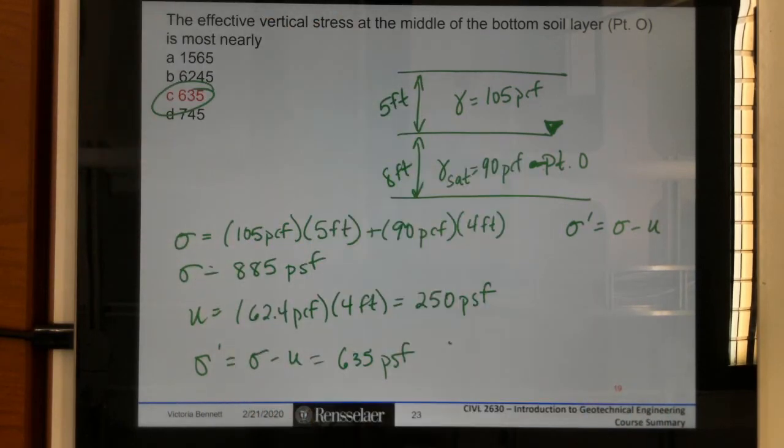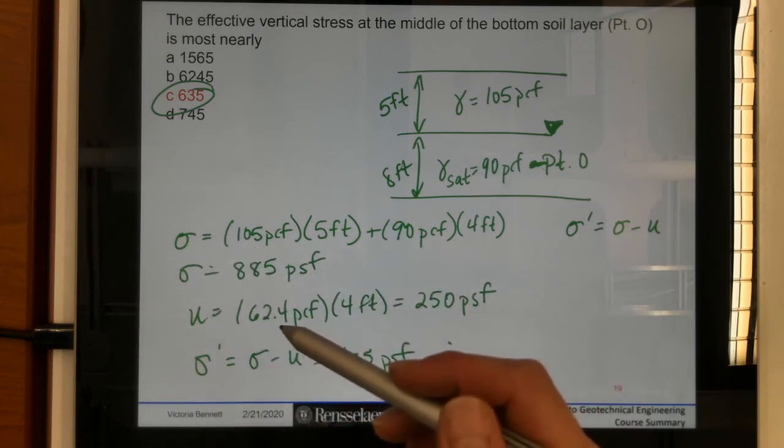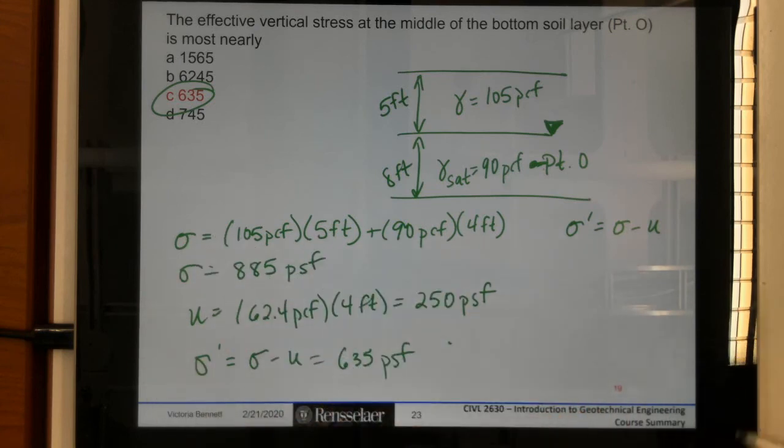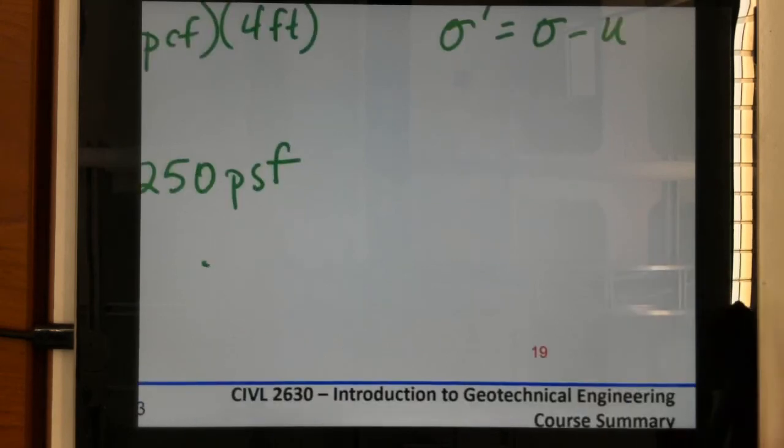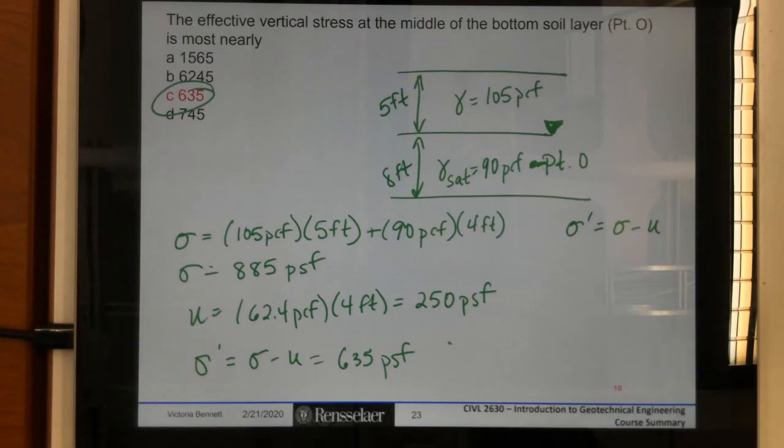So effective stress is probably what they're going to ask, and the only way to get there is by finding total stress and subtracting pore pressure, or remembering something about buoyant unit weight, which nobody ever does. So I think this is the way to find effective stresses.